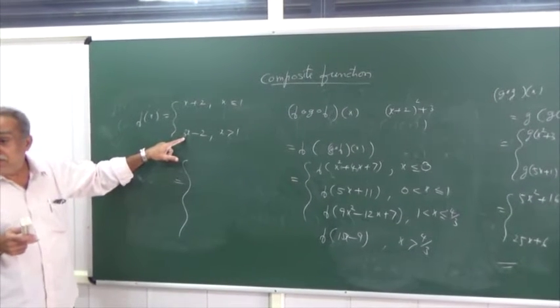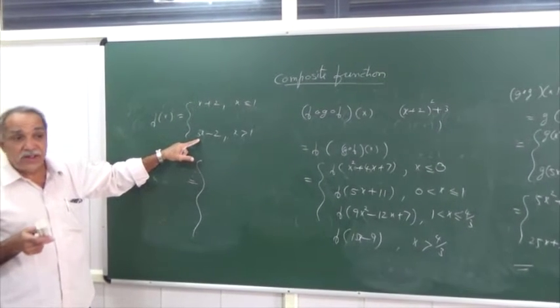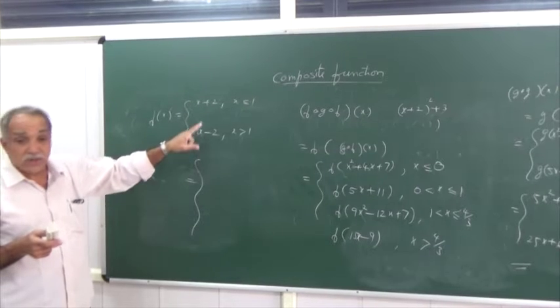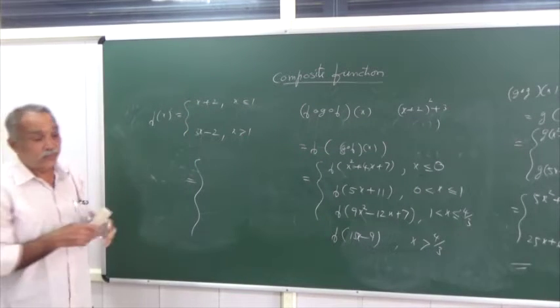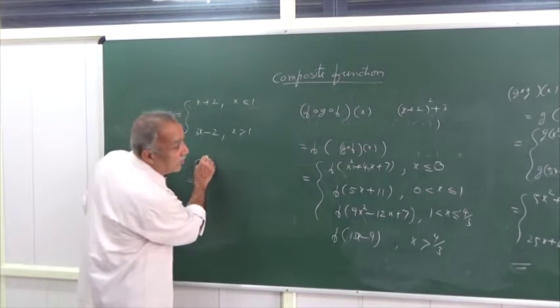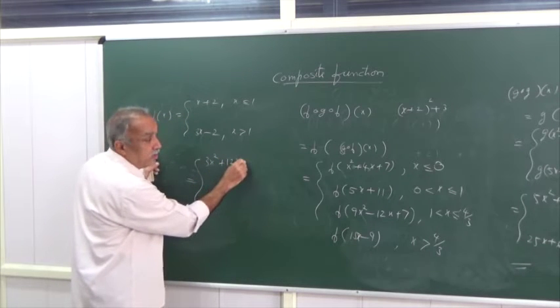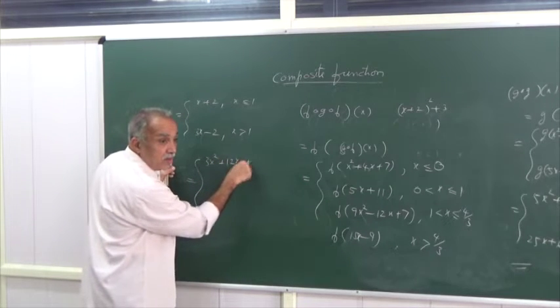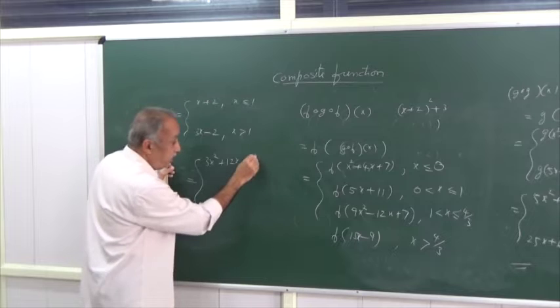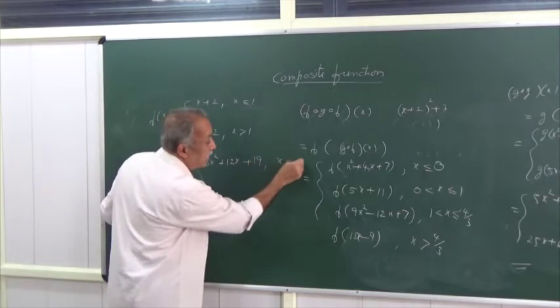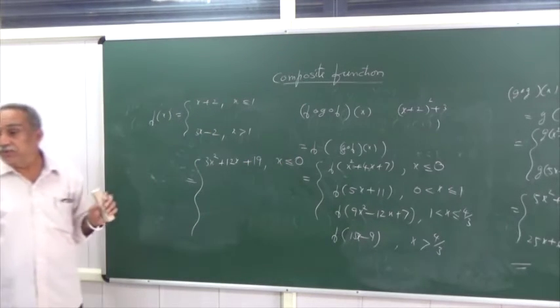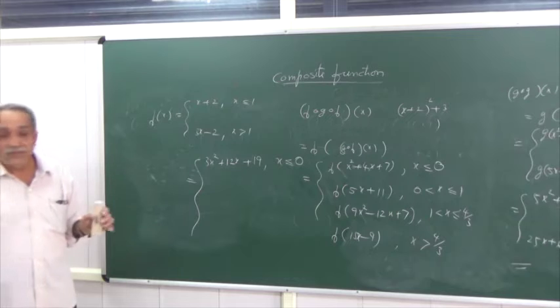Yes, this formula. No need to break the interval further. 3 times the argument minus 2. The interval has not been broken further, it remains as it is.